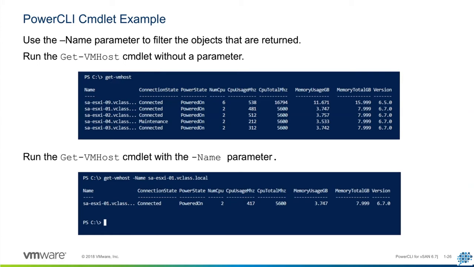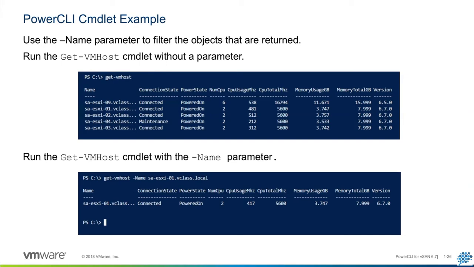When I say Get-VMHost without any parameters, it will show me all the hosts in my environment, and it will show the various properties of those hosts, like whether they are powered on, whether they are in the connected state, what is the total memory size, and the version of ESXi installed. All this information will be displayed.